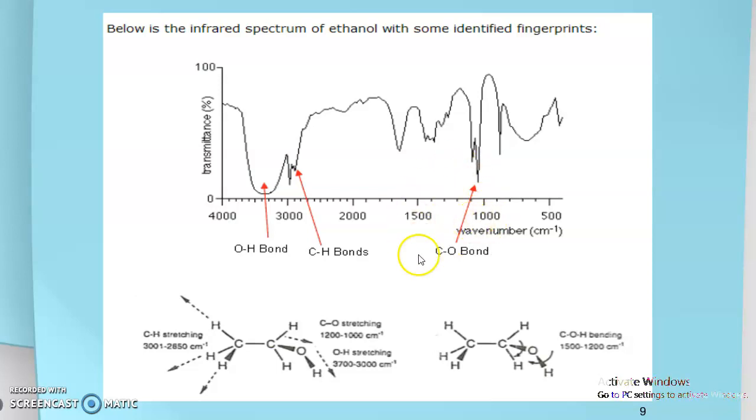So if there is a change in the CO bond, either stretching or bending, it gives me a peak here. The CH bond gives me a peak here. OH gives me a broad peak near 3000 centimeter inverse. So every functional group has its characteristic wave number at which it comes, near about, depending upon which molecule it is present in. Okay.